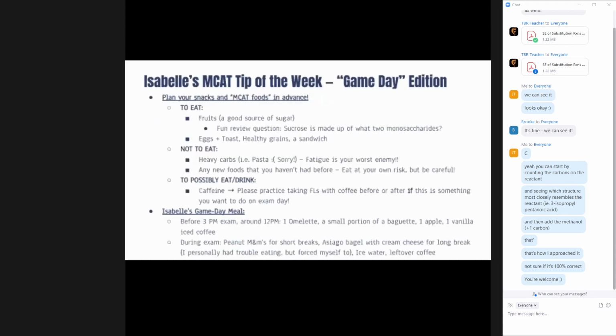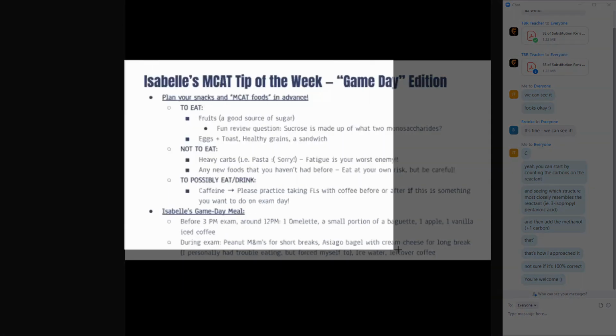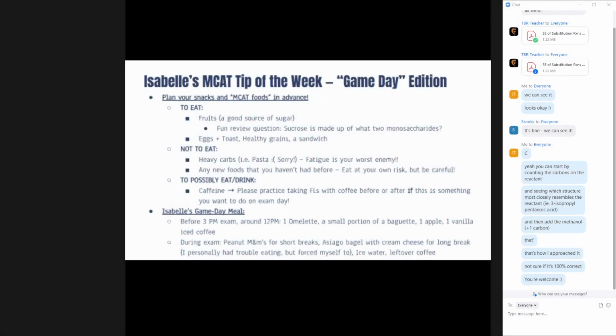And also, just like last week, I did want to give my little MCAT tip of the week. Given this is my last week, I just wanted to give you a pretty fleshed out tip, but this is my tip for game day. So it's really important to, nobody says this, but plan your snacks in advance. I'm not kidding.